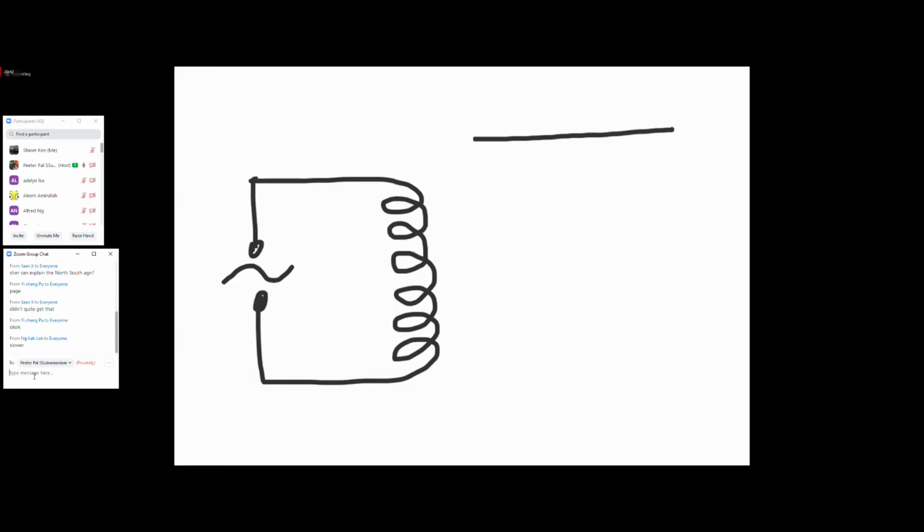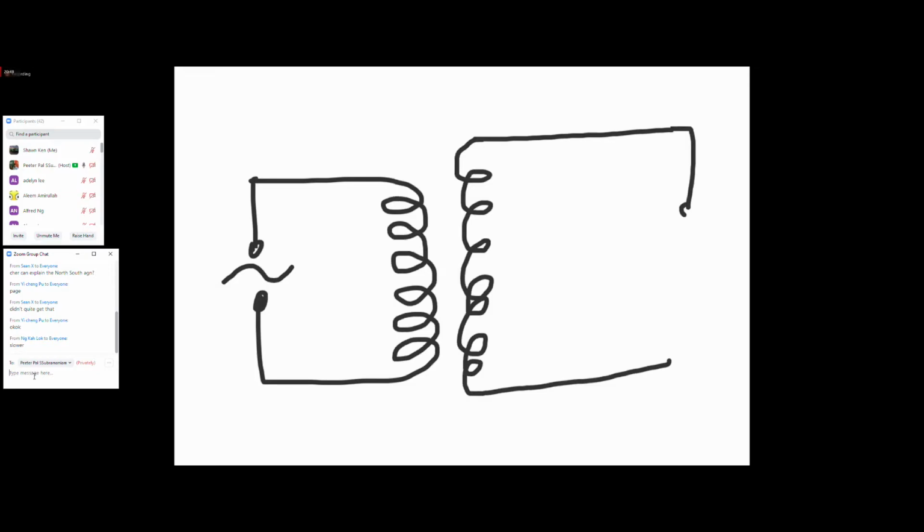This is the secondary coil. So a transformer is an electrical device which can increase or decrease the output voltage in the secondary coil.